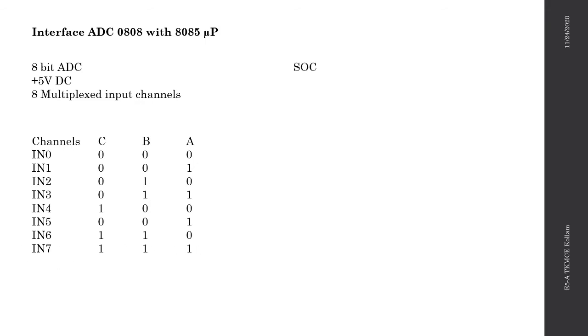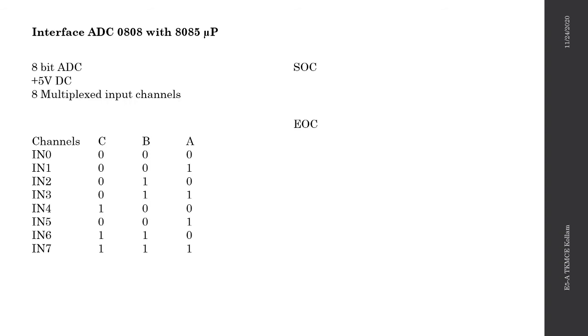Then the SOC signal is required to start the analog to digital conversion. Then after completing the conversion process, the ADC will send an output signal, known as end of conversion. It indicates that the conversion process is completed. So this is the basic operation of this ADC, that is ADC-0808.